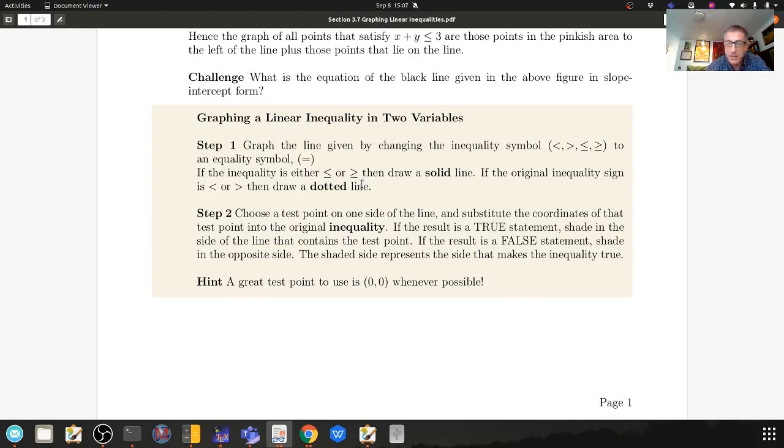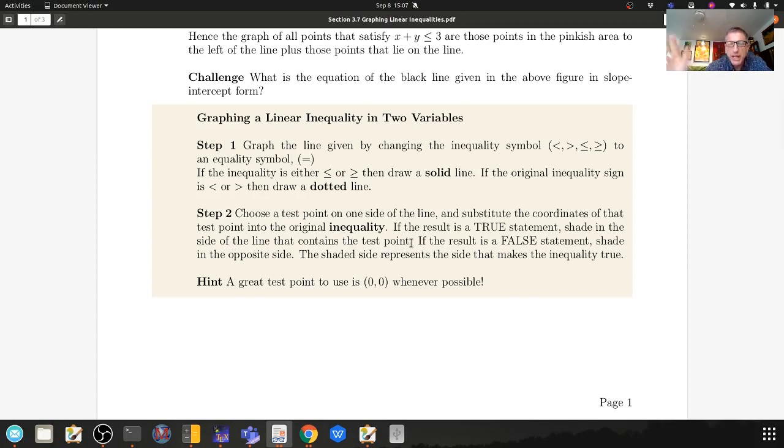You can literally choose a test point anywhere. You take that test point, you have to know the values of x and y, and you plug them into the original inequality. If it results in a true inequality, then that is the side that makes the inequality true. So if the result is true, shade in the side of the line that contains the test point.